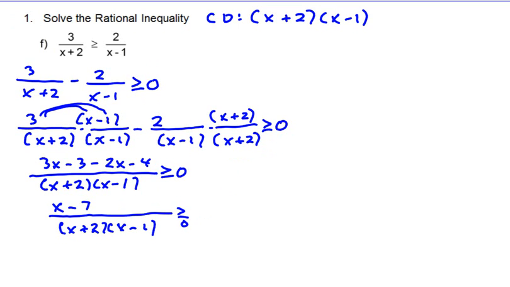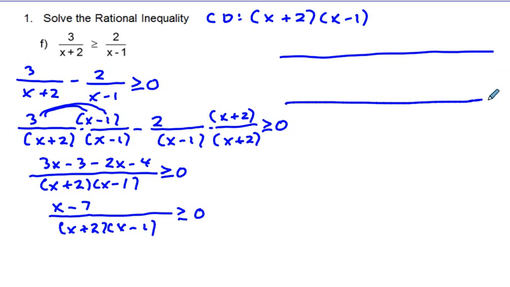So now what we can do is make our number line, and I'll do this up here. For our numerator, we have x equals 7. That's one critical number. And for the denominator, we have x equals negative 2, and also x equals 1.